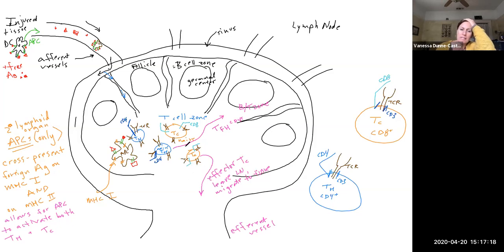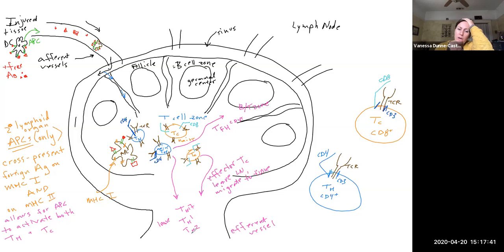The other types of T cells, most of them do hang out here, but some of them can leave as well. So Th17, Th1, and Th2 can also leave.